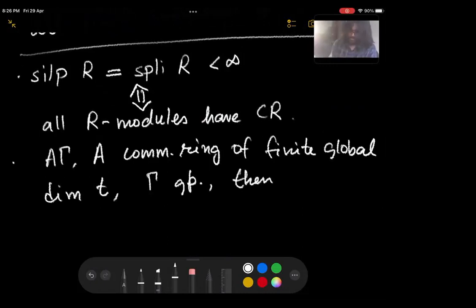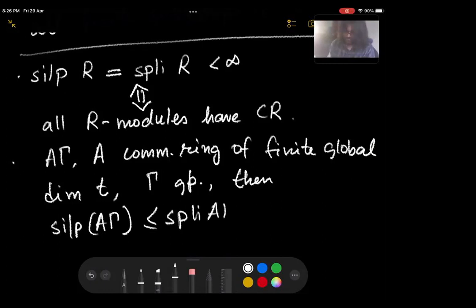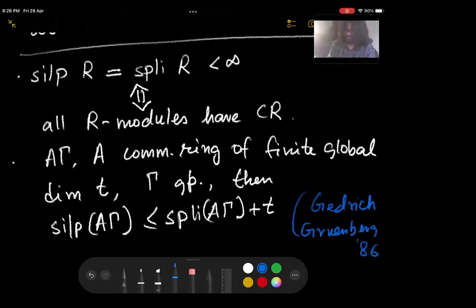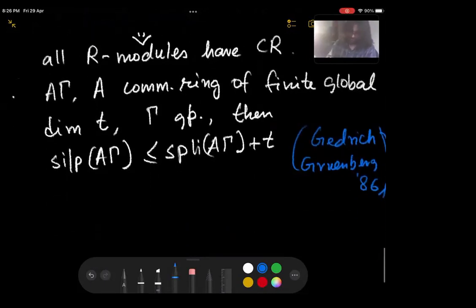Then this was a result that Silp of A gamma, like supremum of injective lengths, is bounded above by this guy. So both these results are from the paper by Gedrich and Gruenberg, where they first introduced these things. I believe it's 1986. Sadly, both of them are dead now.